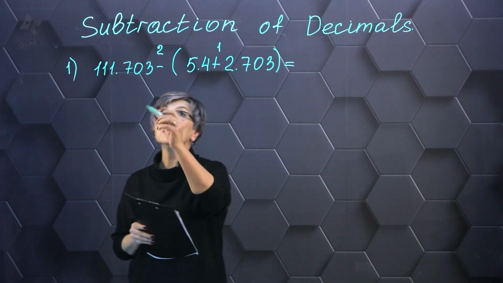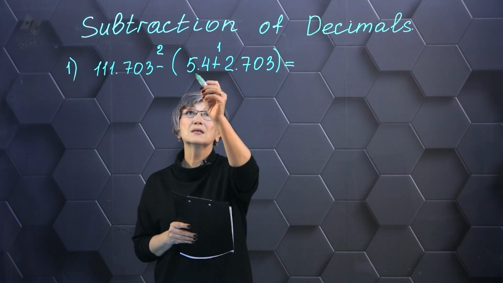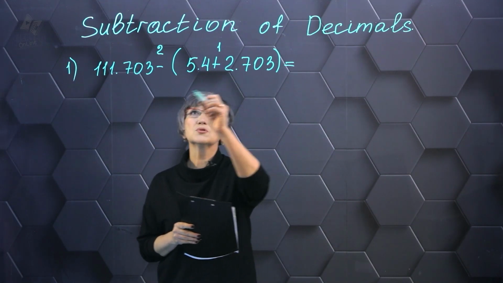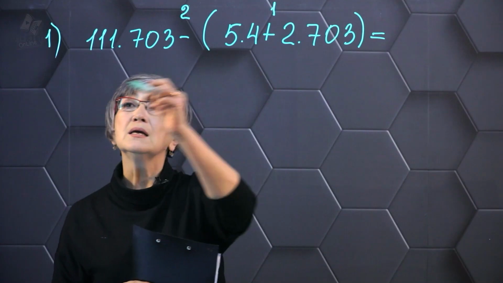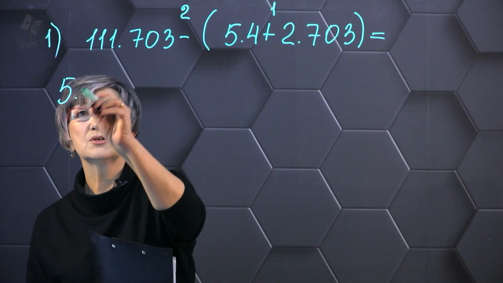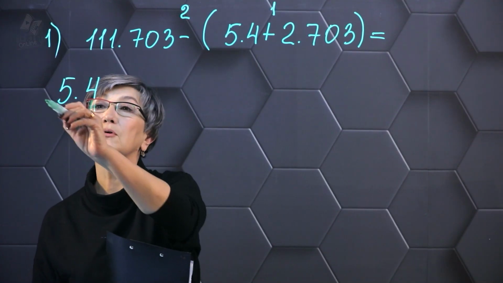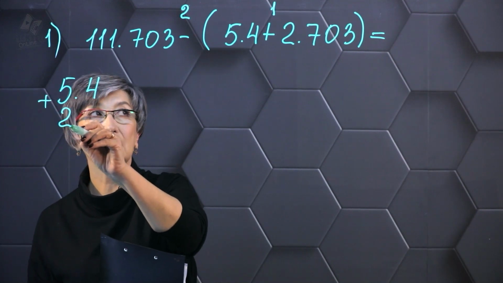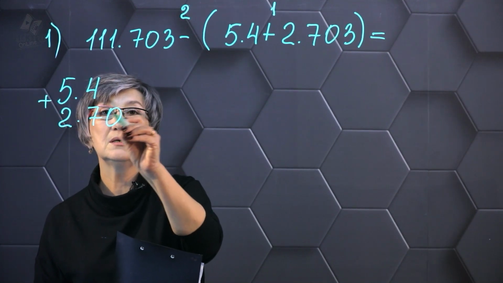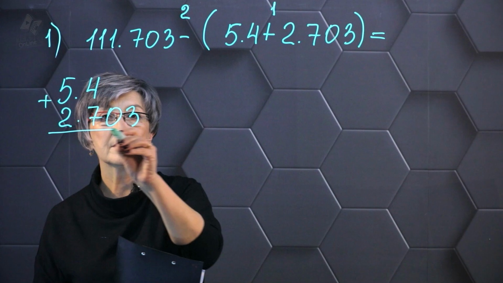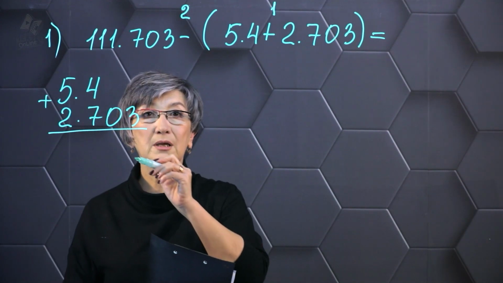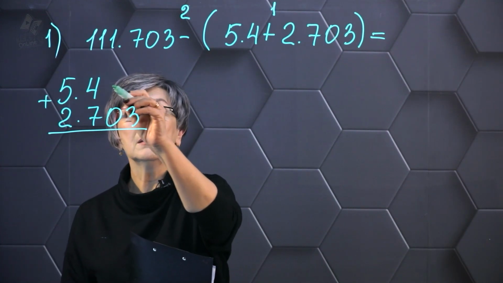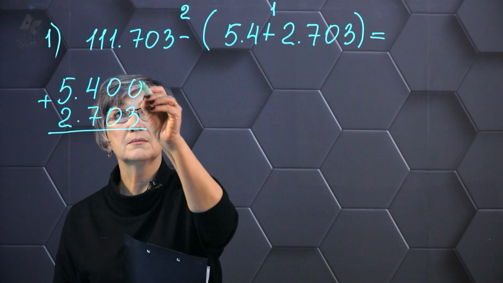So the first action is 5.4 tenths plus 2.703 thousandths. Let's fill in the blanks with zeros.